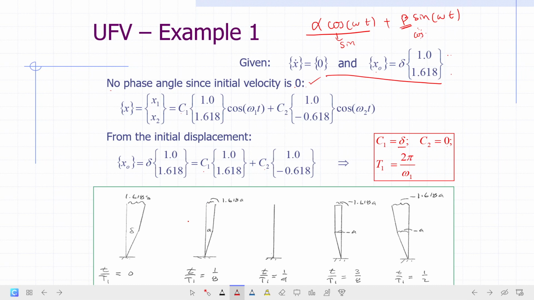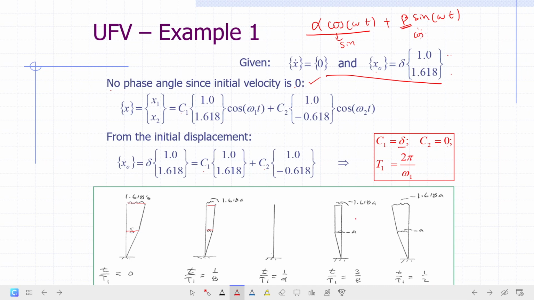C2 is zero. So this is the illustration of the amplitude of A1 delta here, and then A2 here. Okay, this is A1, and then A2 here, something like that.